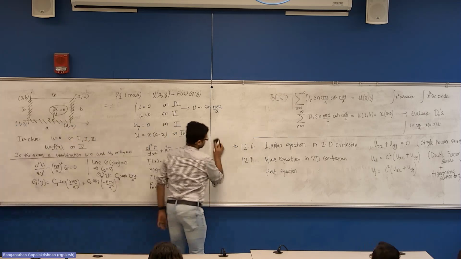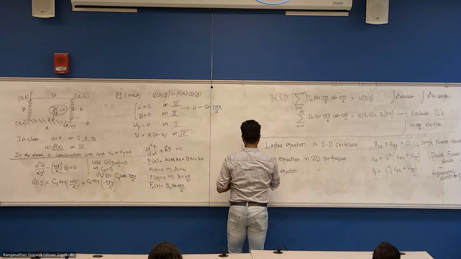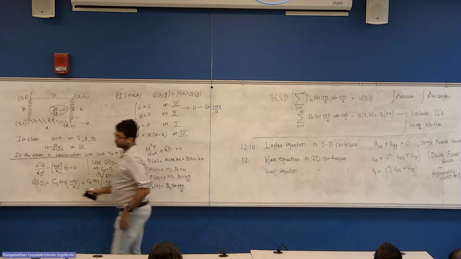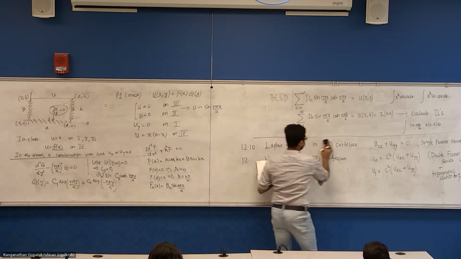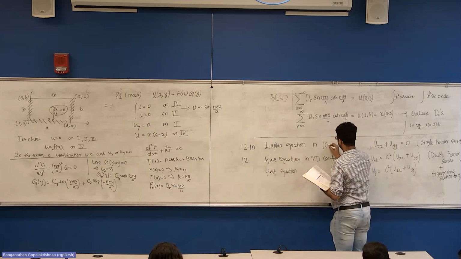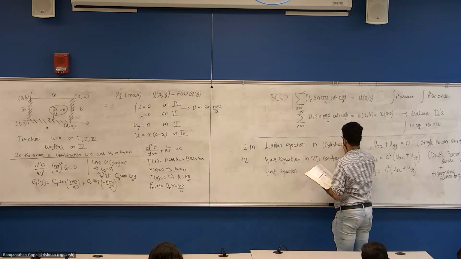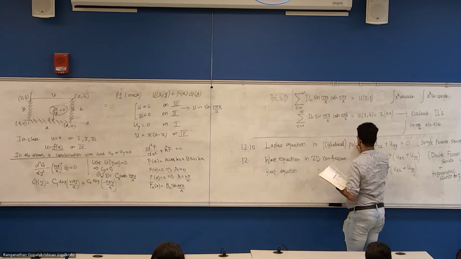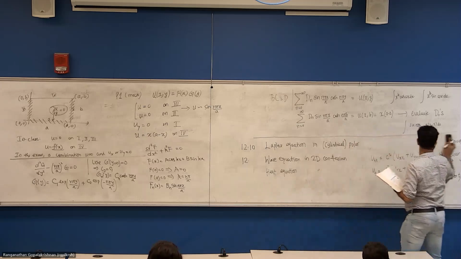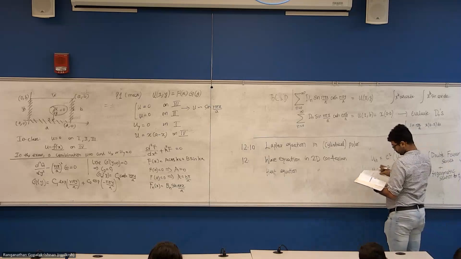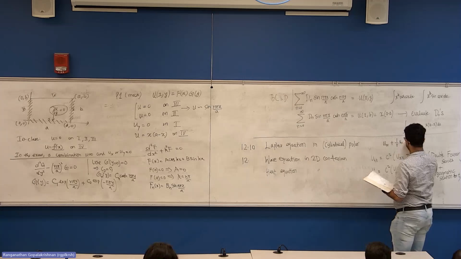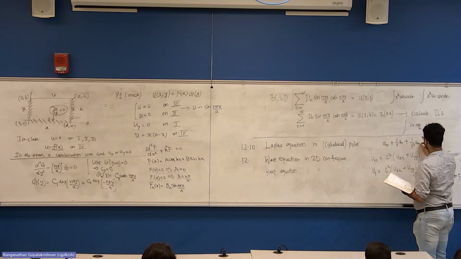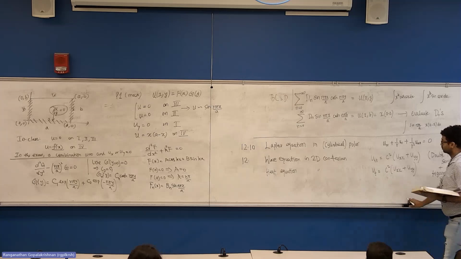So moving on. Section 12.10. We saw the Laplace equation in polar coordinates, in polar or cylindrical polar, which would be u_rr plus 1 over r u_r plus 1 over r squared u_theta theta equal to 0.